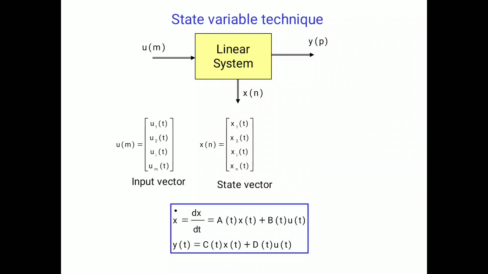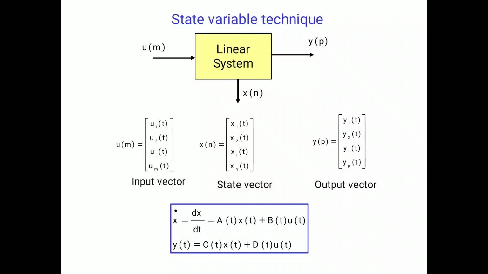Then we have the state vector represented by x, which consists of the state variables x1, x2, x3 up to xn. We have the output vector denoted by y, which consists of the output variables y1, y2, y3 up to yp.